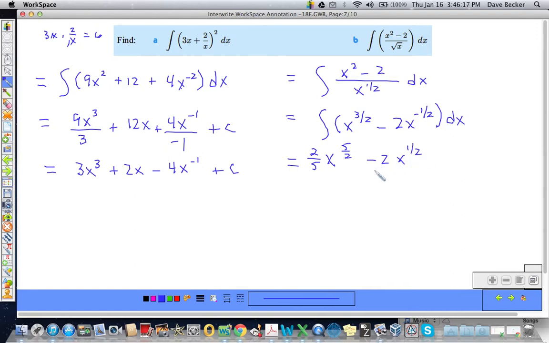And I'm going to divide by 1/2, which is the equivalent of multiplying by 2, right? So then my plus c, cleaning it up, 2/5 x to the 5/2, minus 4 x to the 1/2, plus c. Of course, you could write this if you wanted to as 2/5 times the square root of x to the 5th power minus 4 times the square root of x plus c.